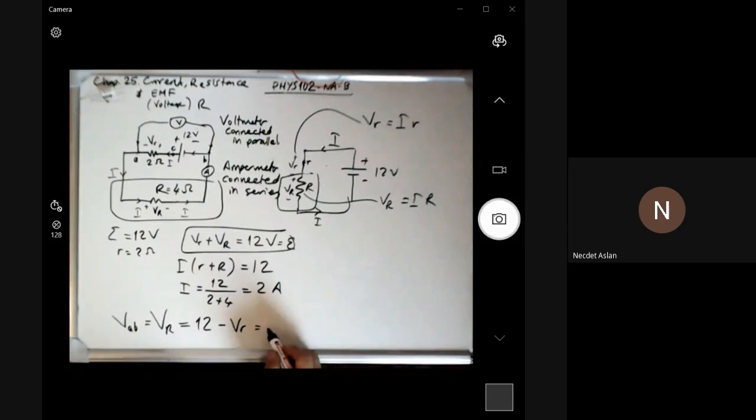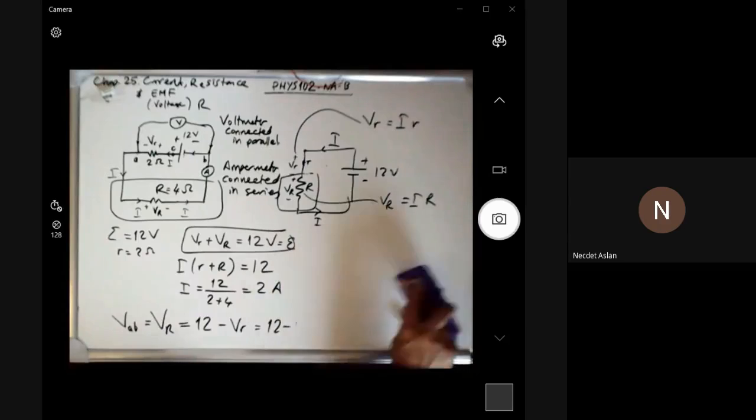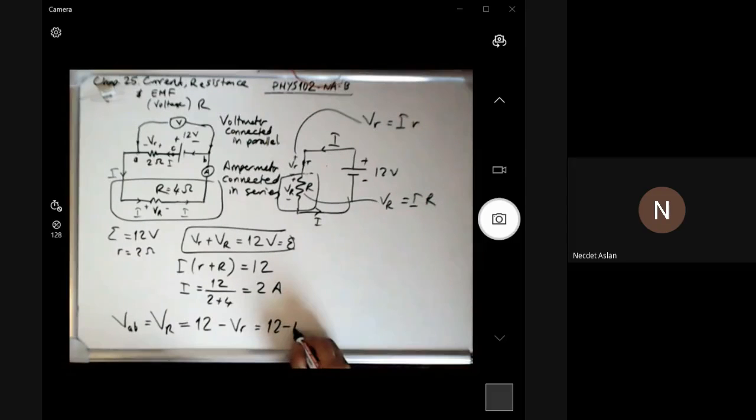So now what is it? 12 minus I times small r, which is 2. The current was 2, so 12 minus 2 times 2, okay?